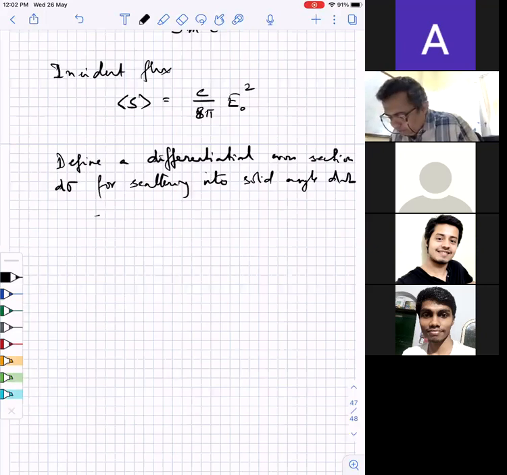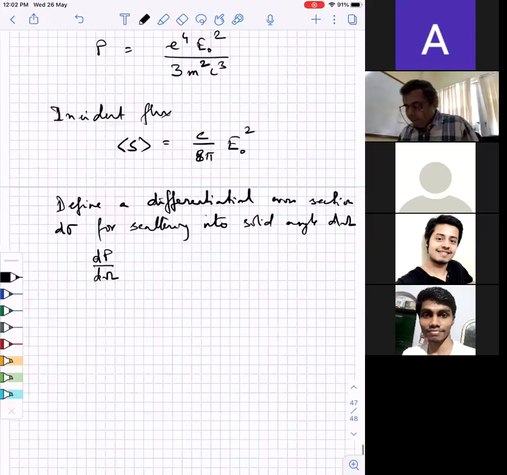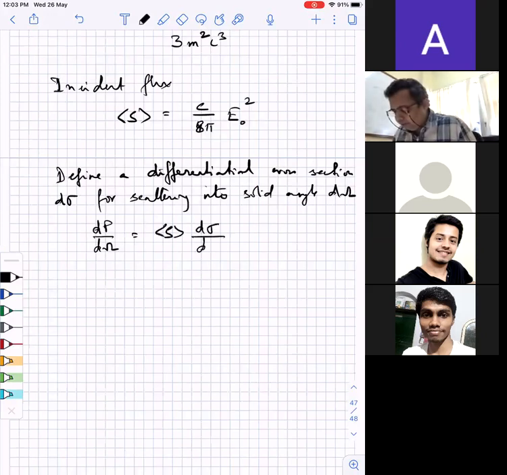So I can write down dP d omega. Remember, this is the outgoing flux. dP d omega is basically my incident flux times d sigma d omega.